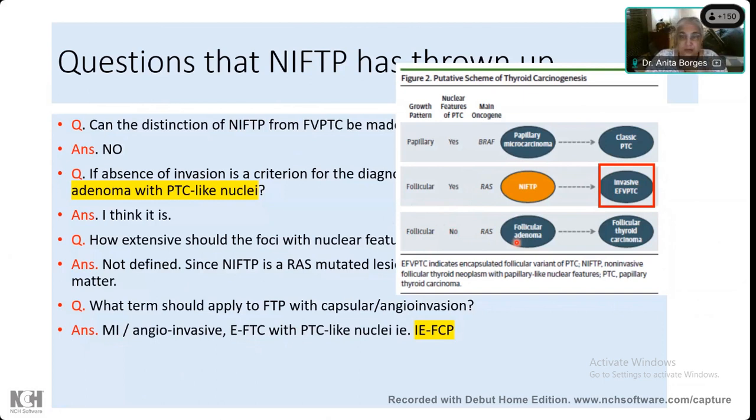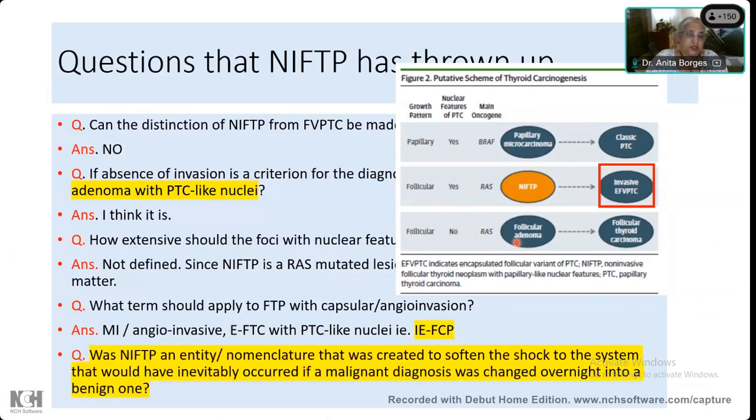And you know my explanation for all this? My explanation is that NIFTP was an entity or a nomenclature that was created to soften the shock to the system that would have inevitably occurred if a malignant diagnosis was changed overnight into a benign one. Imagine the number of litigations they would have had in America when thousands and thousands of people had their thyroids removed for a benign lesion.